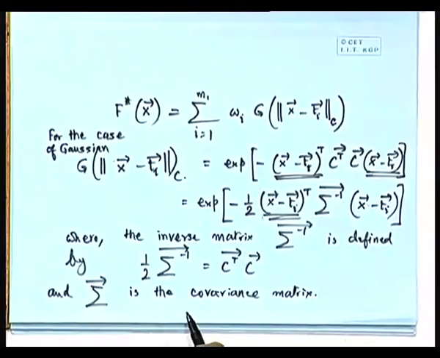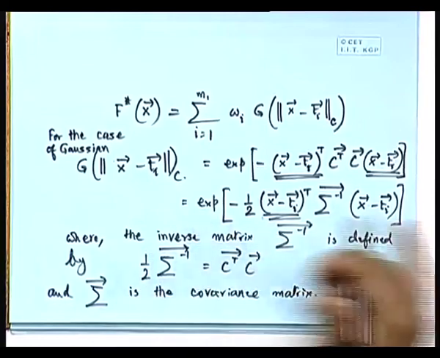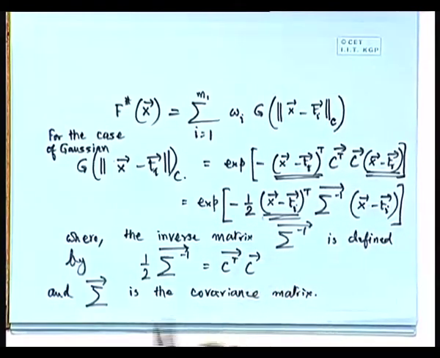Like for the case of Gaussian, we could express the weighted norm form like this, where this could be expressed in terms of sigma inverse, where sigma inverse is C transpose C and sigma happens to be the covariance matrix.